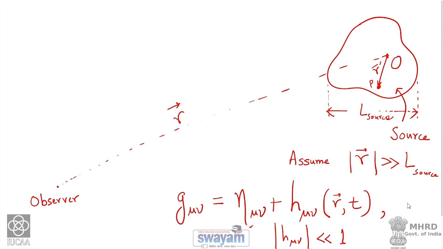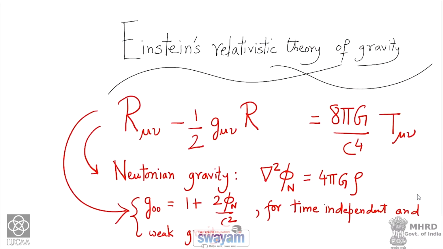Now, because the absolute value of h mu nu is much small compared to unity, I can do a linearization of the Einstein equation. Let us go back to the Einstein equation. The Einstein equation was given by R mu nu minus half g mu nu R is 8 pi G by c^4 T mu nu, where T mu nu represented the energy and momentum tensor of the matter.